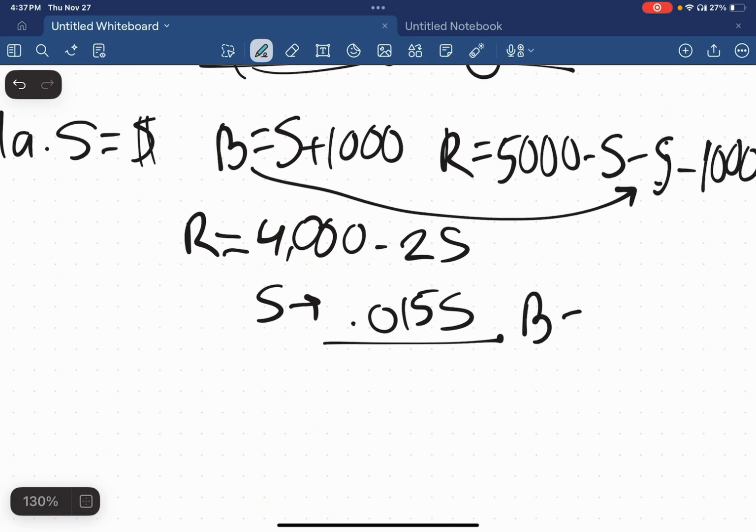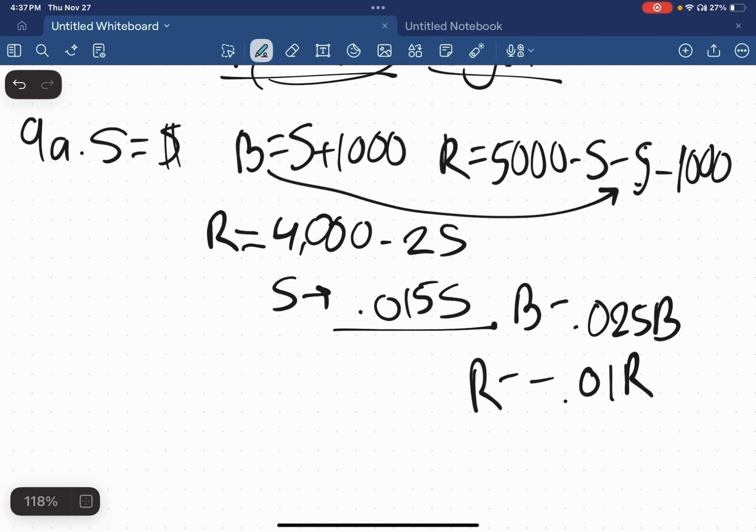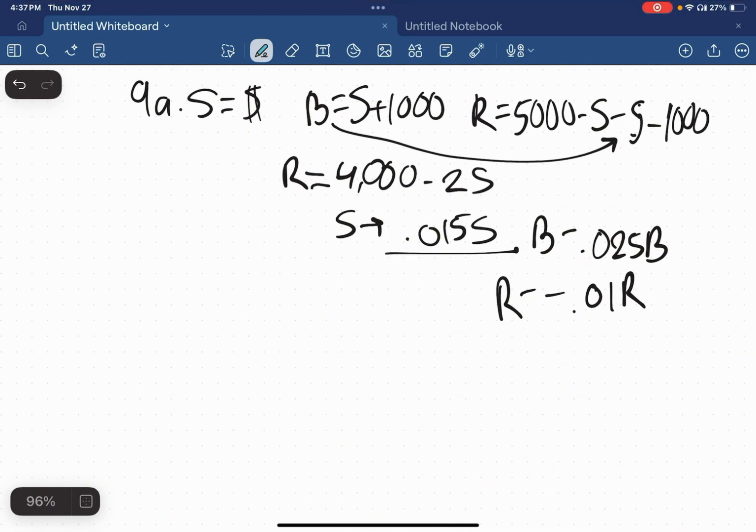Bonds earn 2.5% compound, which means he'll have 0.025 bonds more. But his shares, which is R in this case, actually lost money, so he'll have a negative 0.01 R added onto his shares. And the total net was 75.